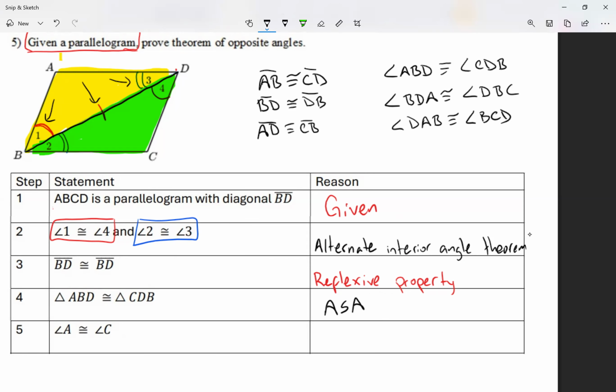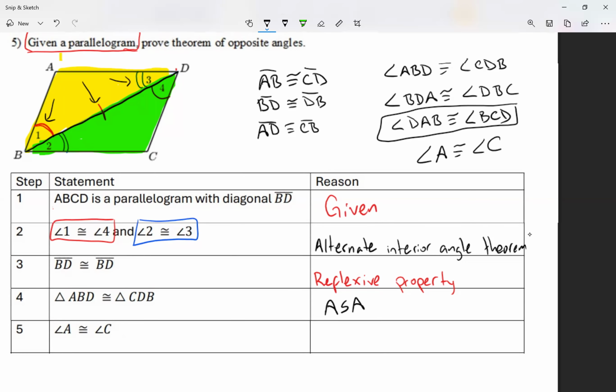But remember how there's one way we can write angles in a shorter way. Let's take a look at angle DAB is congruent to angle BCD. Can I just write that as angle A is congruent to angle C? And that's basically what I have here. Nice. So yes, I can.